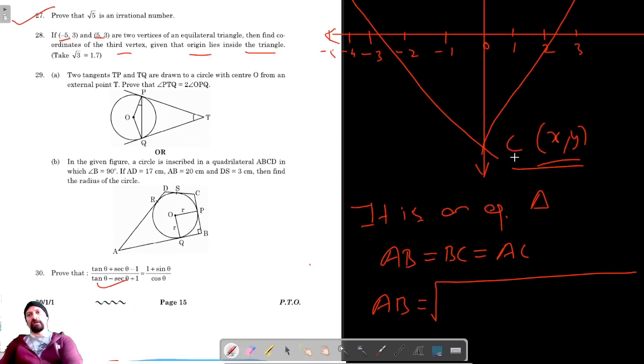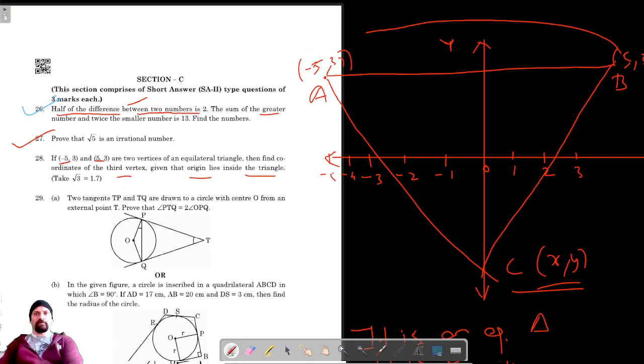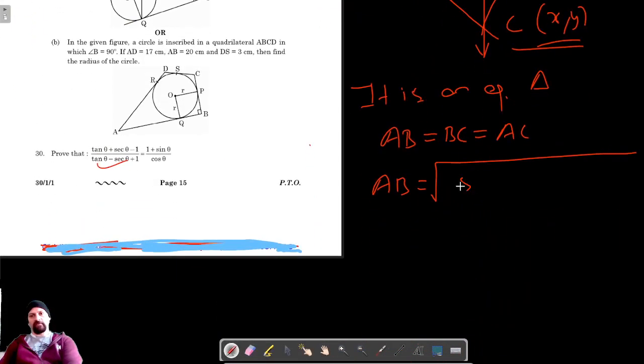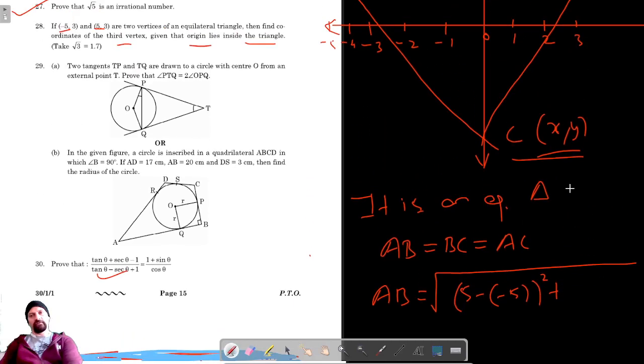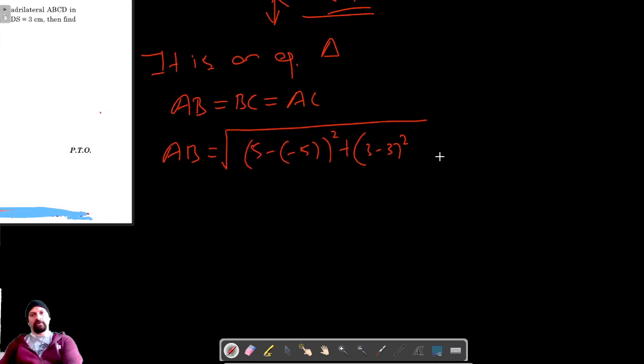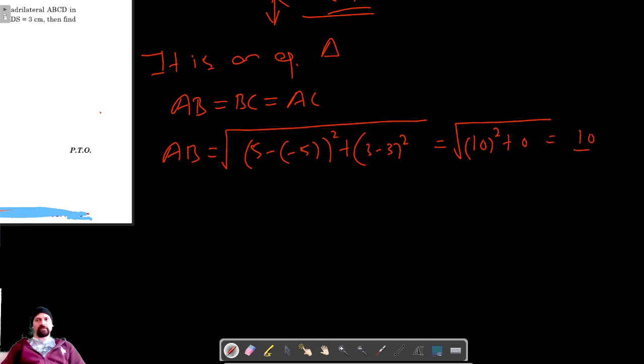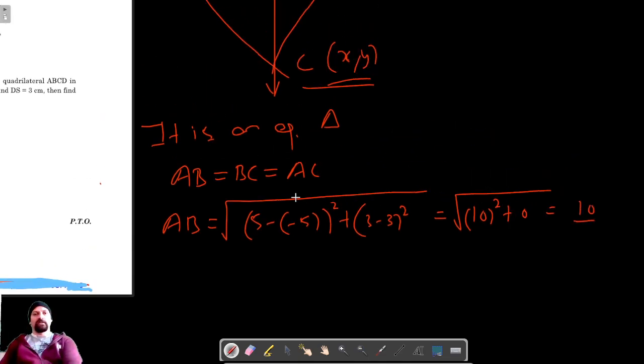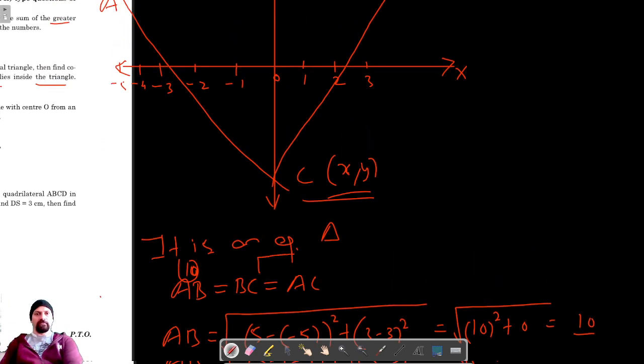Using the distance formula, AB is 5 minus of minus 5, the whole square, plus 3 minus 3, the whole square, which gives us 5 plus 5 is 10 square plus 0, which is 10. So AB is 10.